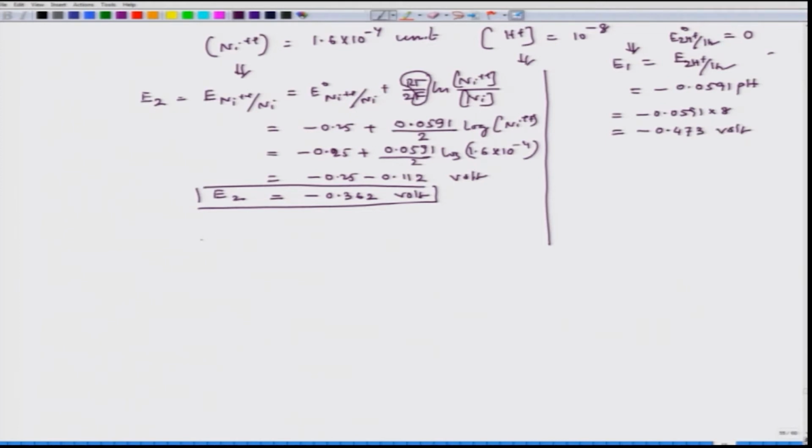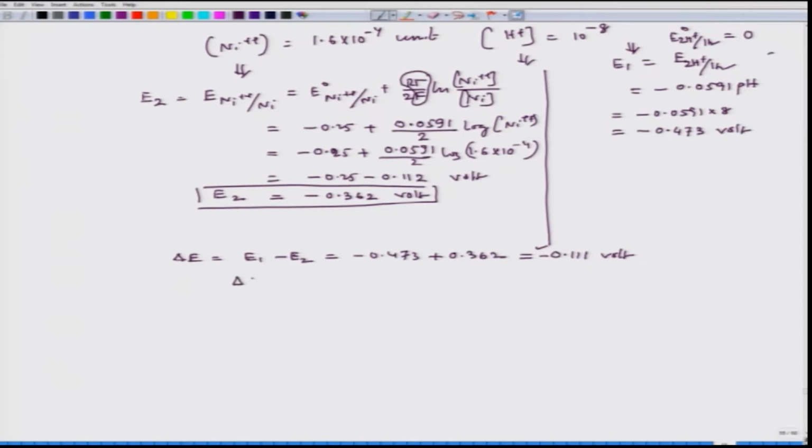So, del E would be equal to E1 minus E2, which is minus 0.473 plus 0.362, equal to 0.111 volt with a minus sign. There is a minus sign here.